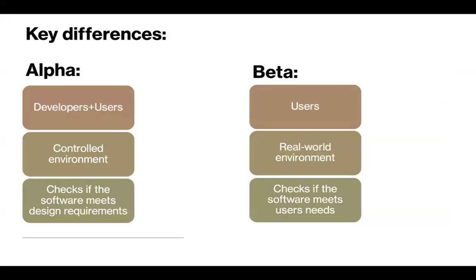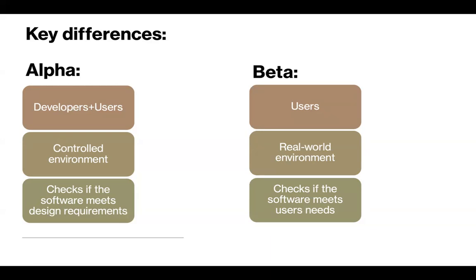Now let's talk about the key differences, just a little refresher, a little reminder so you can memorize it better. Alpha is done by the developers and the users, so it is performed by the employees, mostly, of some company, specific hired people that are going to perform this testing for you.